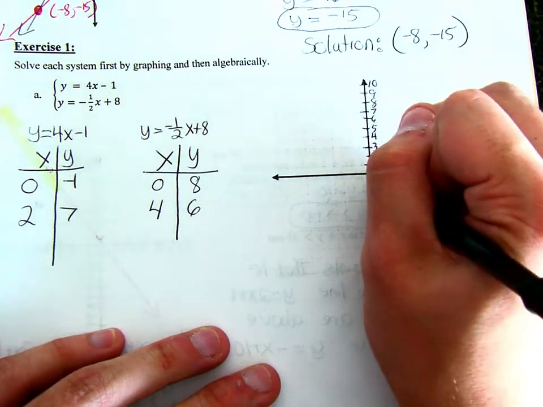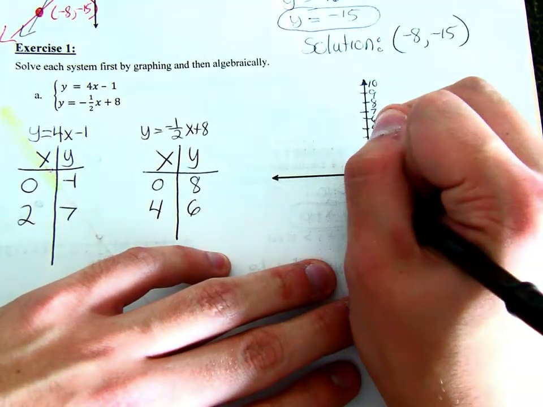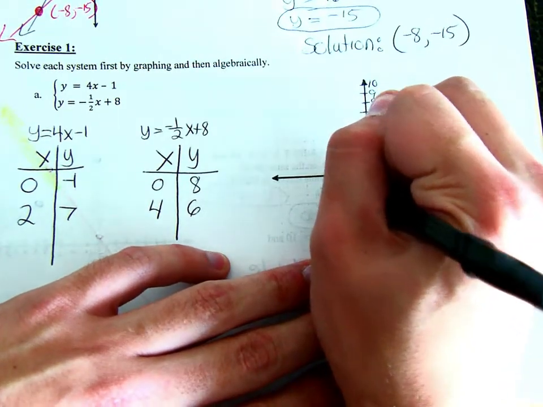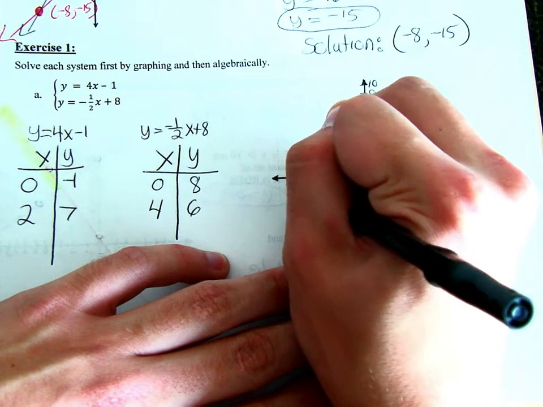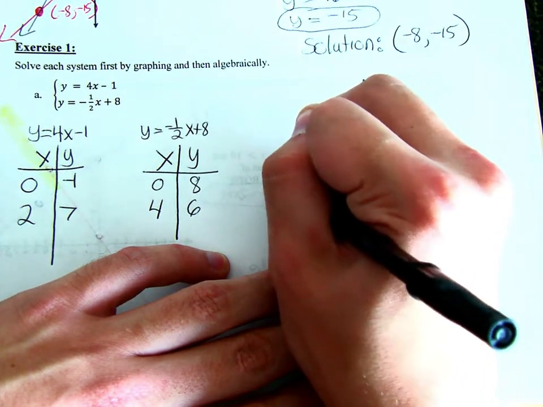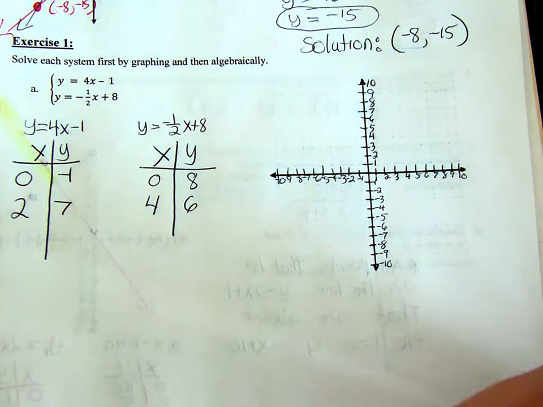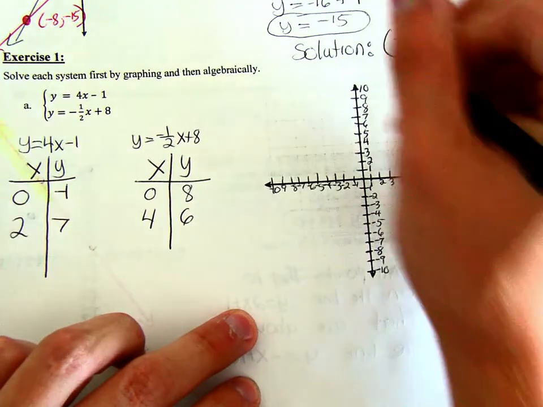And I'm going to label my negative x-axis. Okay, so now I have my axes labeled. So I'm going to label one, remember to label my x and label my y.